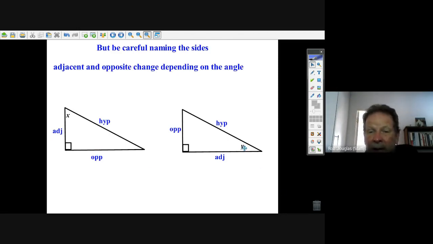Well, the cosine of y would be adjacent over hypotenuse, the adjacent side's next to y, and the opposite side would be this vertical line here. So the tangent would be opposite over adjacent, the cosine adjacent over hypotenuse, and the sine opposite over hypotenuse. So you have to be careful where the angle is.